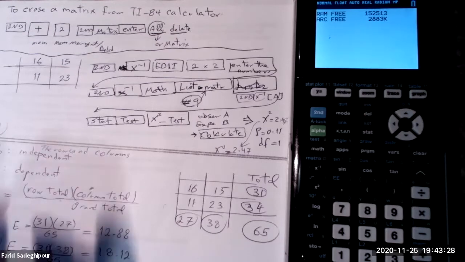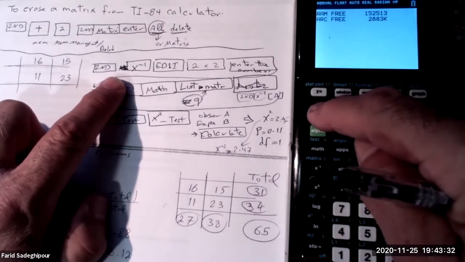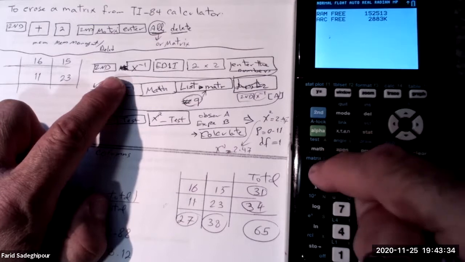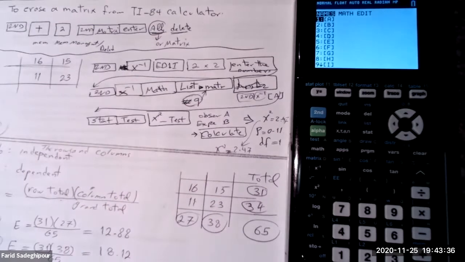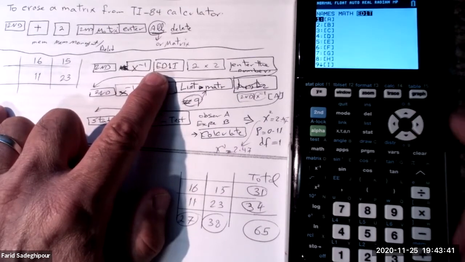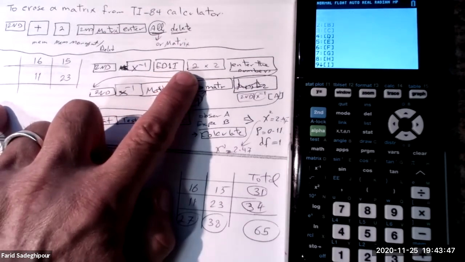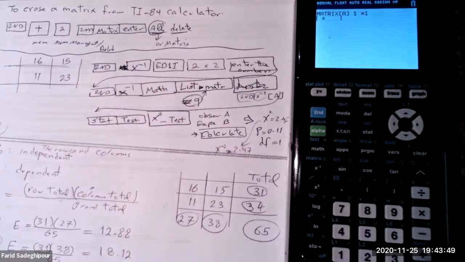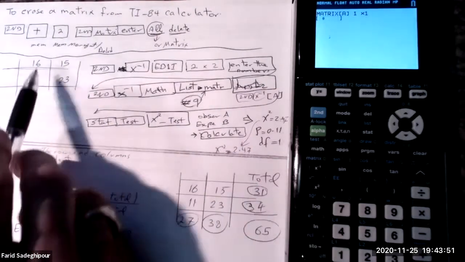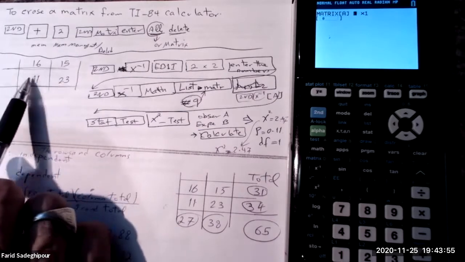All right, so now I'll start here. Go to your matrix first, second, right. Go to edit, okay, enter. My matrix is, what is it? It's 2 by 2. See, you always put the number of rows first and then the number of columns.